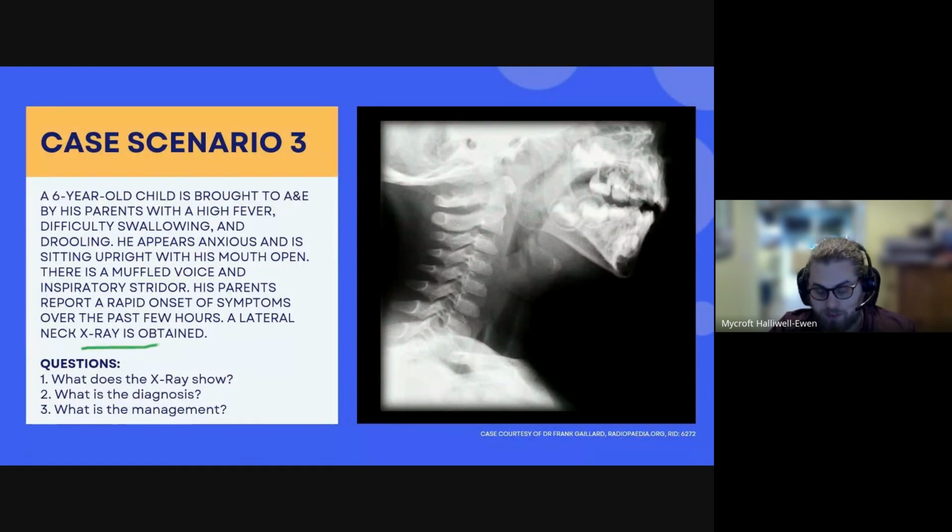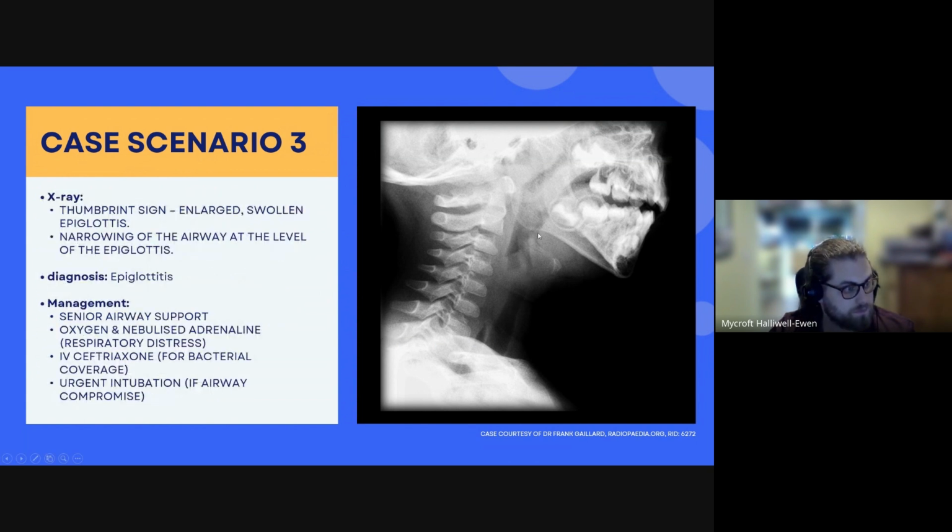Because putting a tongue depressor down or examining the oropharynx can precipitate just enough anxiety or increase in swelling for you to lose that airway. And if you're doing it in triage rather than in resus or better theatre, you may well lose that airway. So this is one of the few times where we might not do a clinical examination.